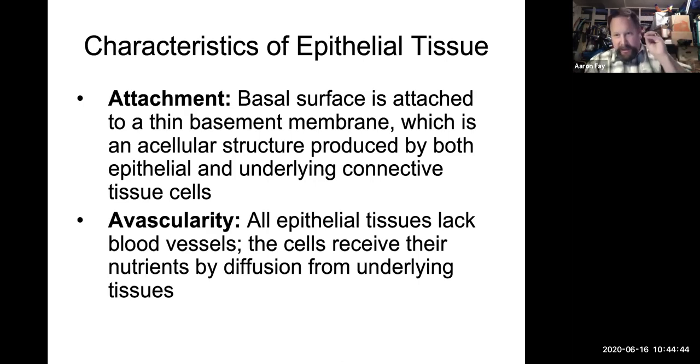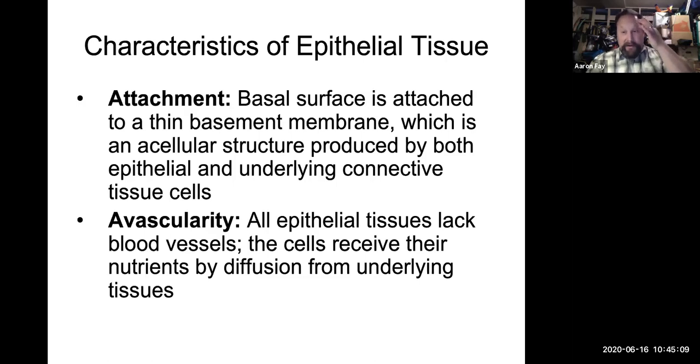Right now, I just want to understand the terms and the characteristics. So the basal surface is attached to a basement membrane, which is an acellular structure produced by both epithelial tissue and the underlying connective tissue. This basement membrane is partially made by the epithelium and partially made by the connective tissue underneath. Again, I'll have a picture of that in a second.